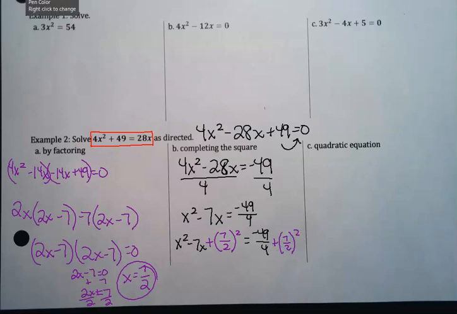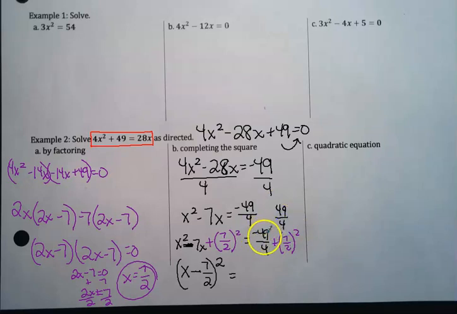Okay, so then when we do that, we take the square root. Remember, we can kind of pull that out. So this is going to be x minus 7 over 2 squared equals, all right, let's see, 7 squared is 49, 2 squared is 4.